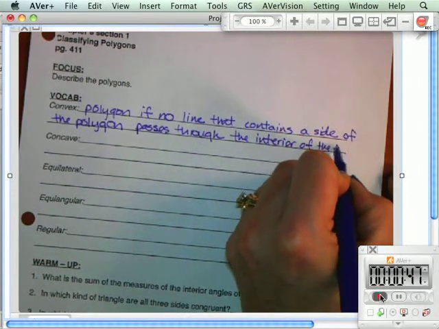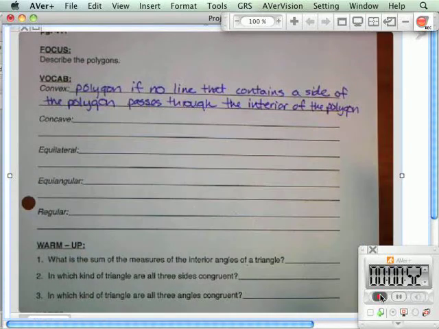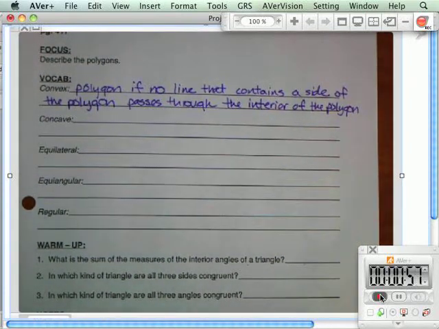Now that's a lot of words, but I'll show you what I mean in just a minute, so just write it down. It's a convex polygon if no line that contains a side of the polygon passes through the interior of the polygon.